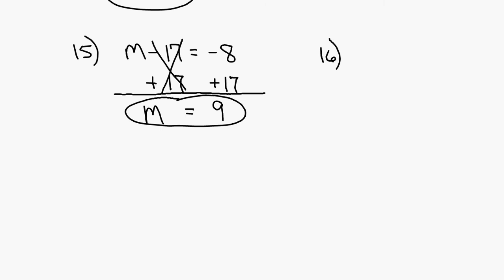All right, number 16. You're going to write the problem down, then you're not looking up until you're done. X plus 7 equals negative 11.